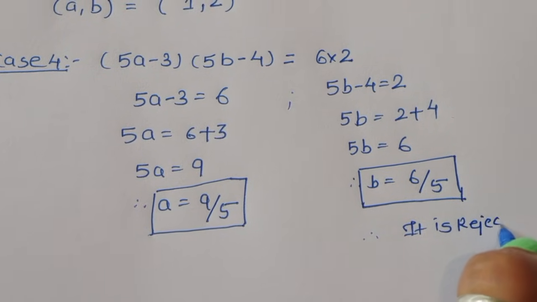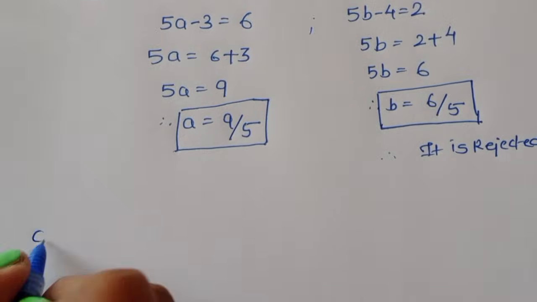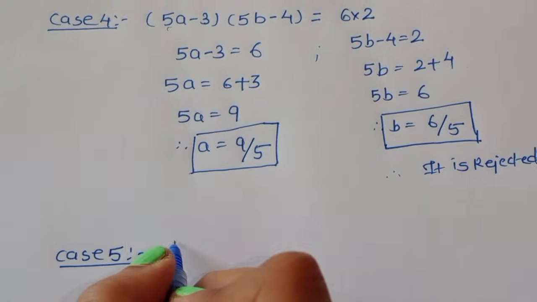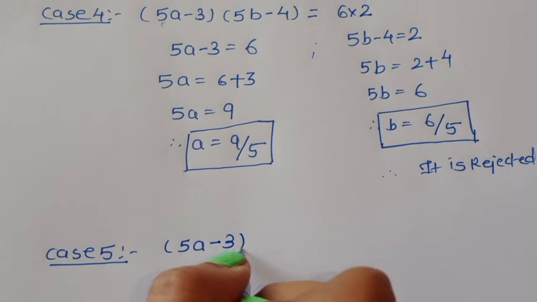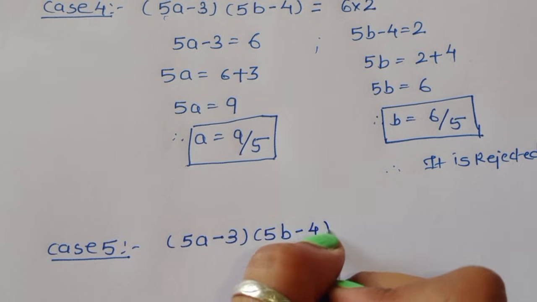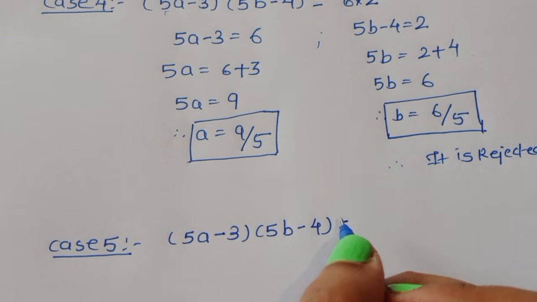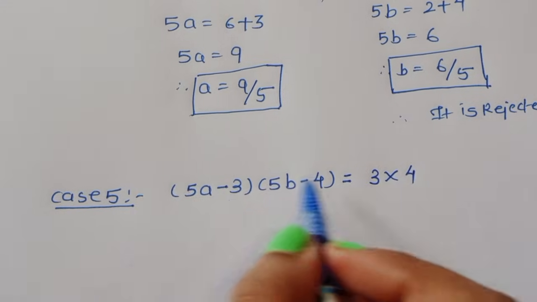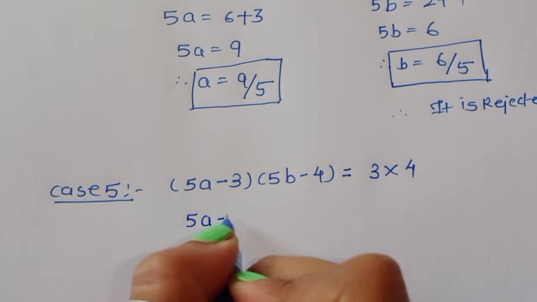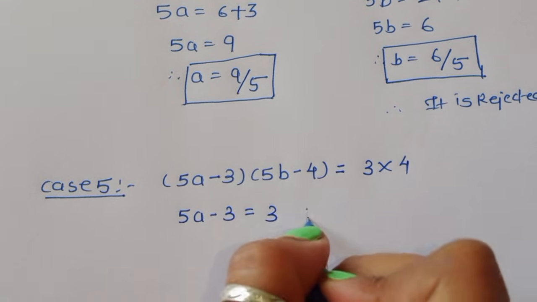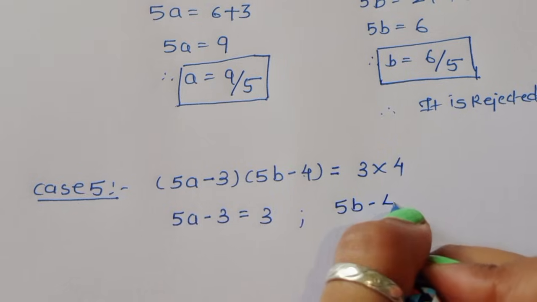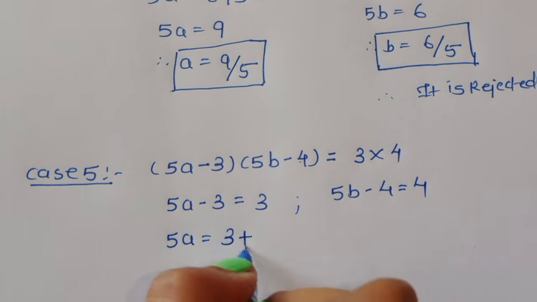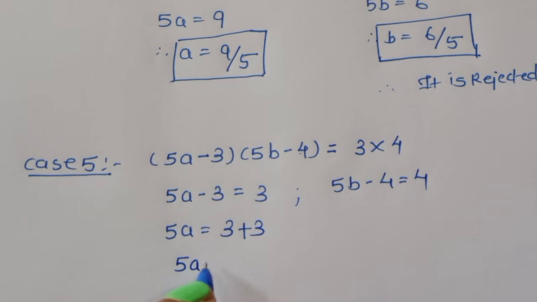Now we are taking case 5. (5a minus 3) times (5b minus 4) equal to 3 times 4. Now comparing LHS and RHS, we will get 5a minus 3 equal to 3 and 5b minus 4 equal to 4. Now 5a equal to 3 plus 3. 5a equal to 6.